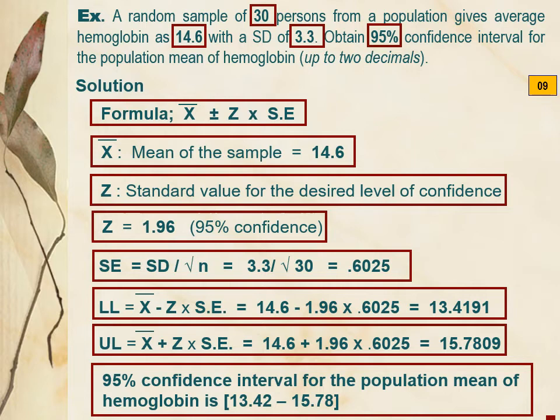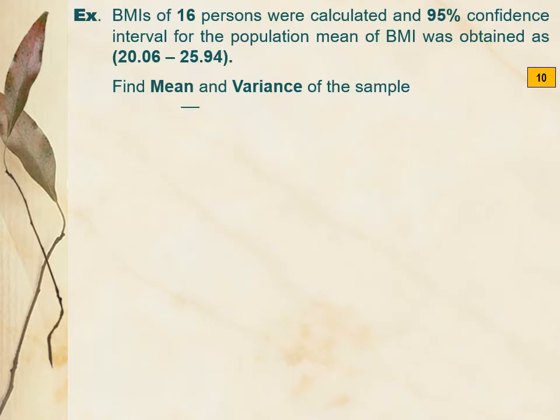Very simple. Just get the mean, SD, SE, and the level of confidence you will decide, and you will get the interval. Slide number 10. The exercise says BMIs of 16 persons were calculated, and 95% confidence interval for the population mean of BMI was obtained as given. You are given the interval, that is lower limit and upper limit, and the question is to find out mean and variance.